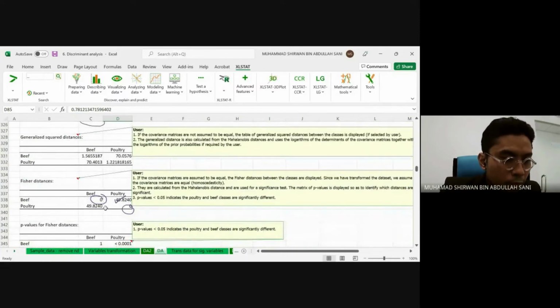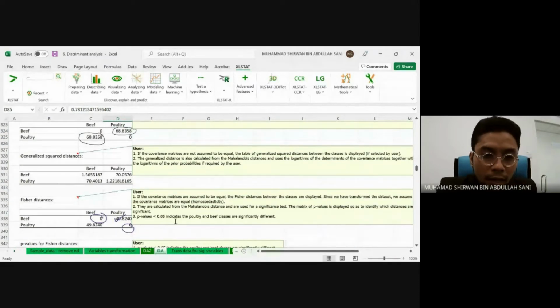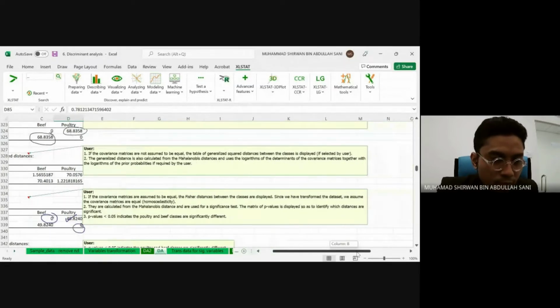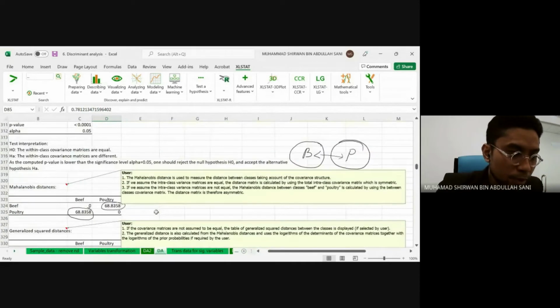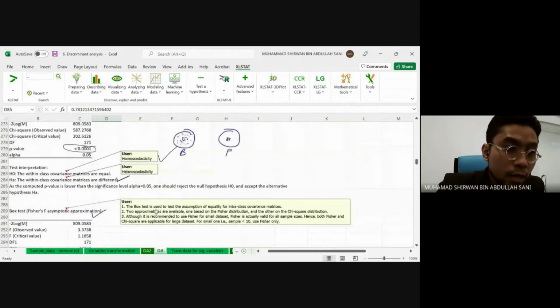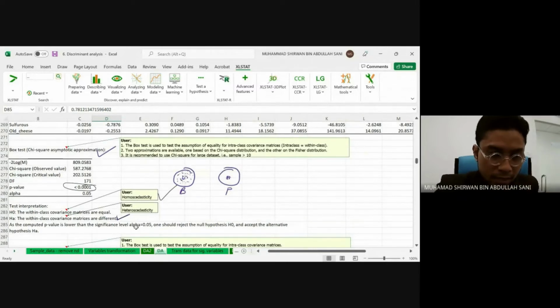Okay. Now we go to the Fisher distance. These covariance matrices are assumed to be equal. The Fisher distance between the classes is displayed. So now, will we use the Mahalanobis distance or the Fisher distance? Since we have transformed the data set, we assume the covariance matrices are equal, which is homoscedasticity. As we saw above, we conducted a chi-square asymptotic data set transformation before discriminant analysis.